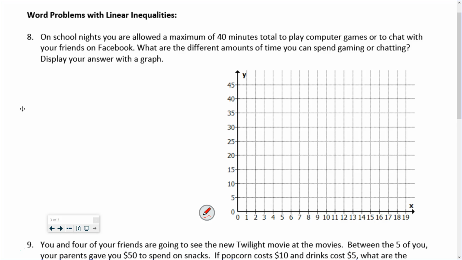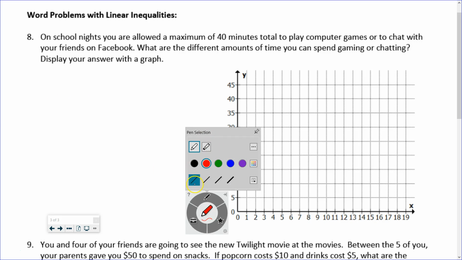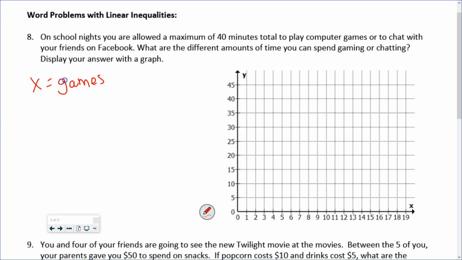Okay. Well, before I start graphing things, I need an x and a y, right? So what is our x going to represent in this problem? Minutes on what? What's mentioned first? The games, right?